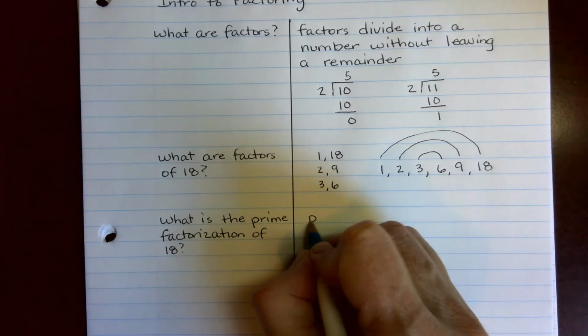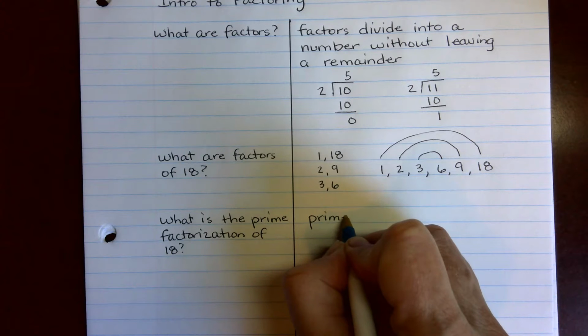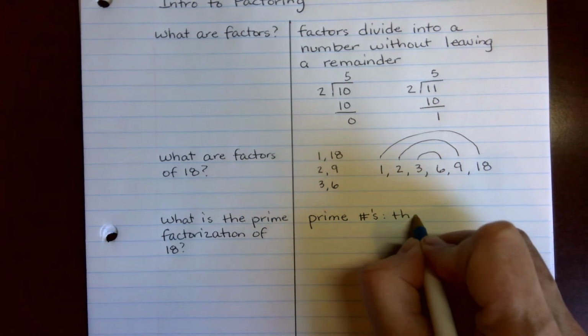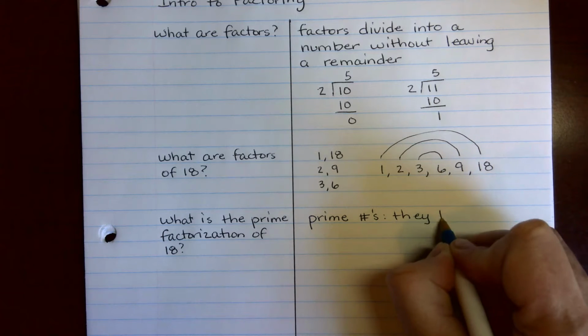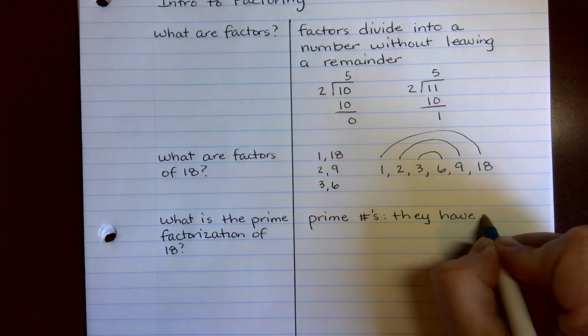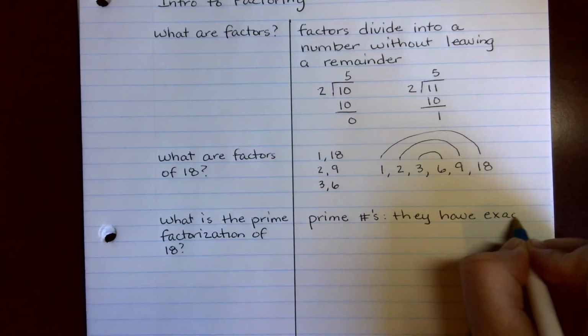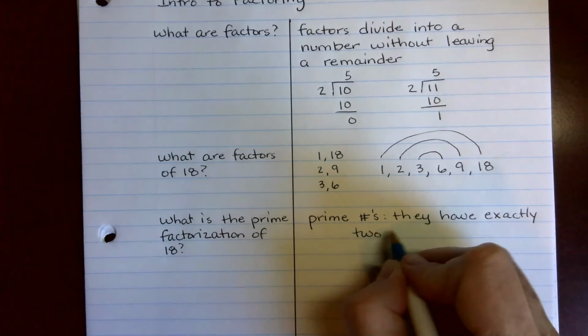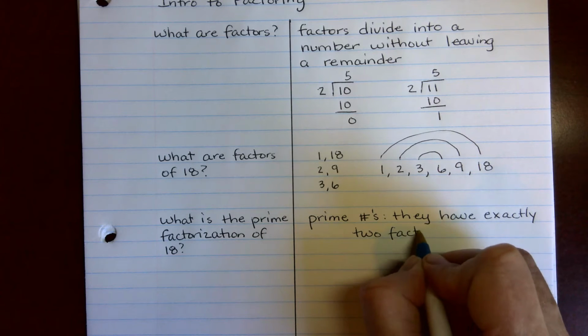What you want to remember about prime numbers is that they have exactly 2 factors. And I really want to look at this definition because most people get it wrong.